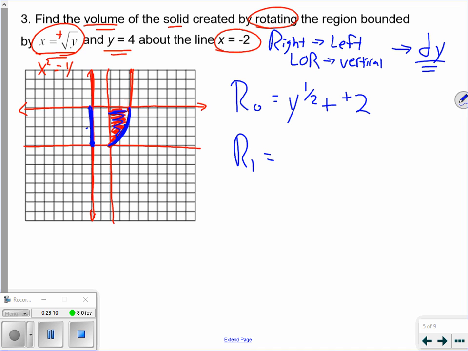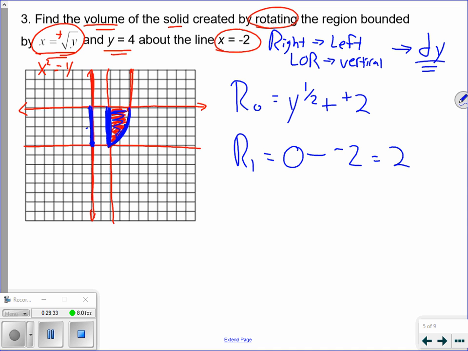The radius of my inner function would be this equation right here, the leftmost bound, the one closest to my line of revolution, subtract my line of revolution. The left side of this graph here is x equals 0, minus my line of revolution, -2, or simply 2.